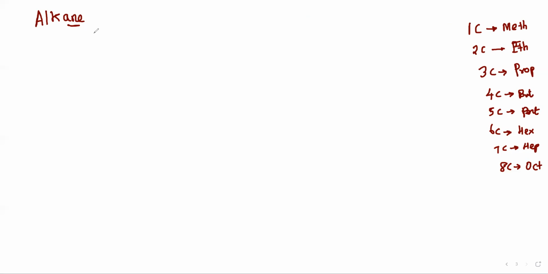So we have to identify the type of that organic compound, and from that only we fix the suffix, that is, the end portion of the name of the organic compound. Are you able to follow me? Yes. Okay.